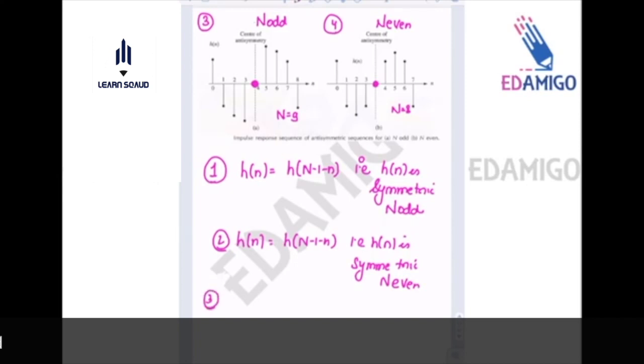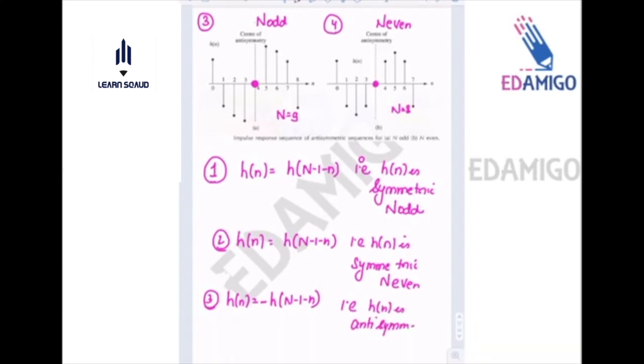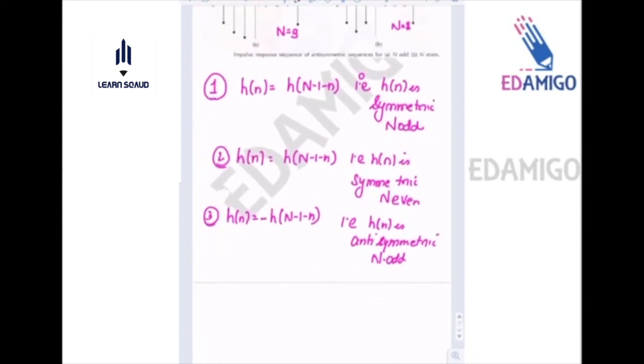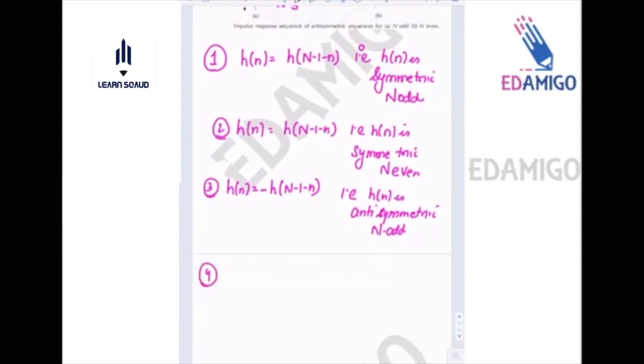Third case we have seen here, that is Hn is equal to minus H of capital N minus 1 minus n, that is Hn is antisymmetric, N is odd, and the fourth case, Hn is antisymmetric where N is even.